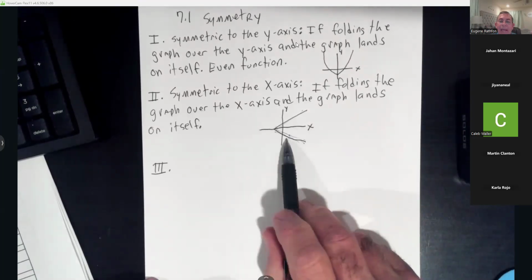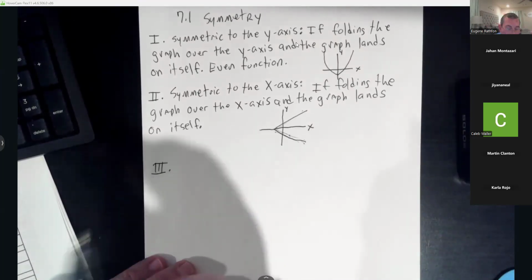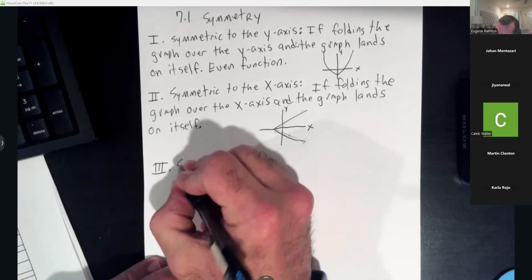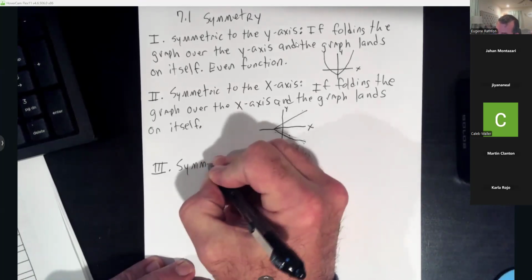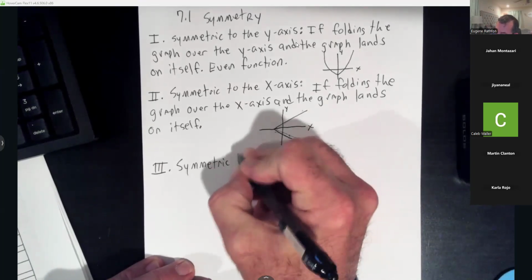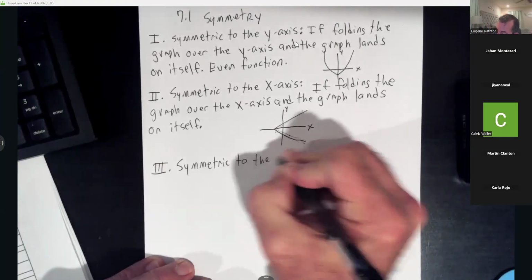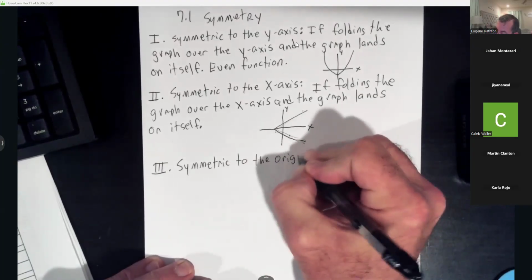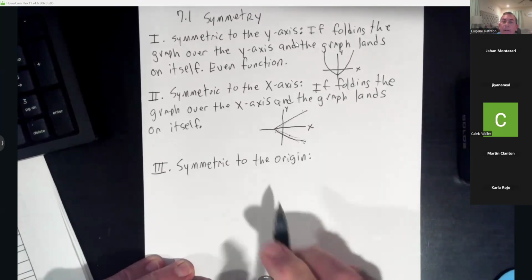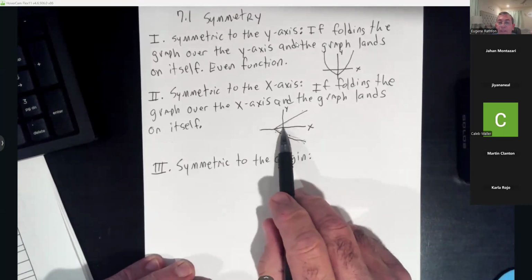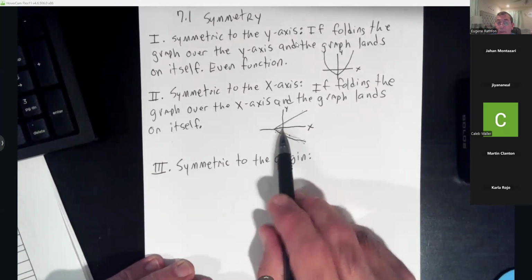So, y'all, I'm out of axes. The last one is what we call symmetric to the origin. Remember, the origin of the graph is the 0, 0 in the middle.